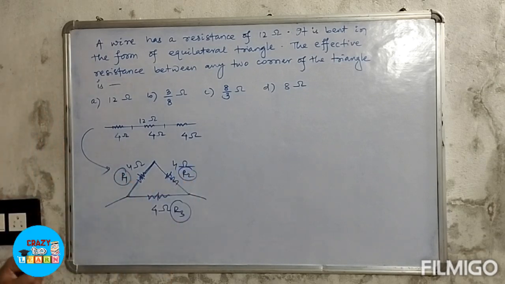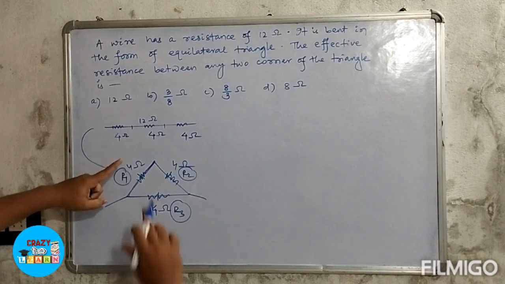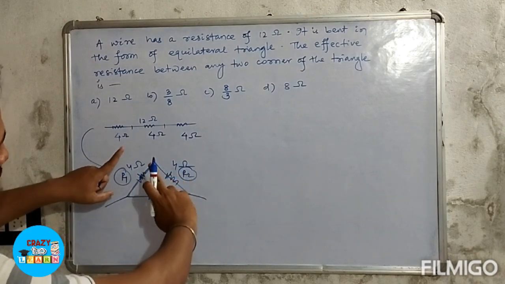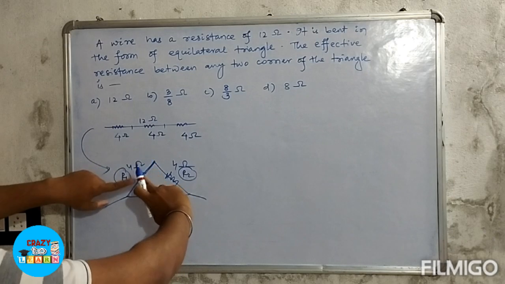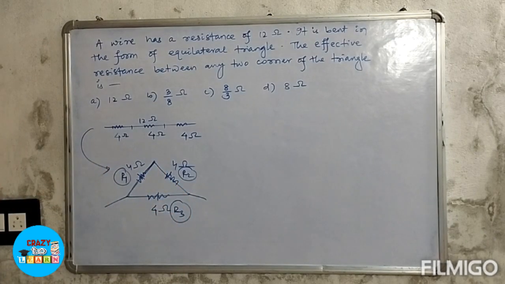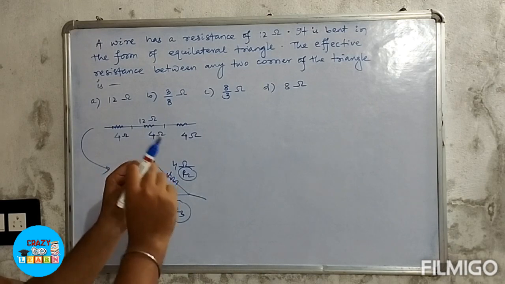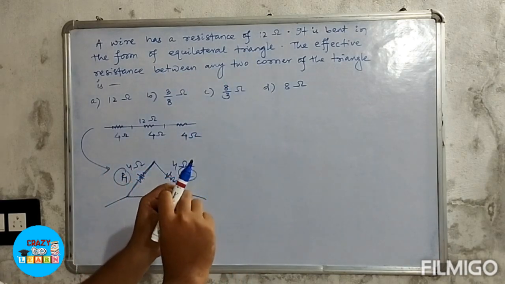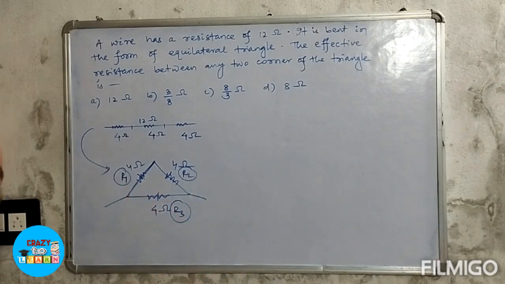If you observe, these two resistors R1 and R2 are connected in series connection. What is series connection? When one end of one resistor is connected to the other end of another resistor, then it is series connection.